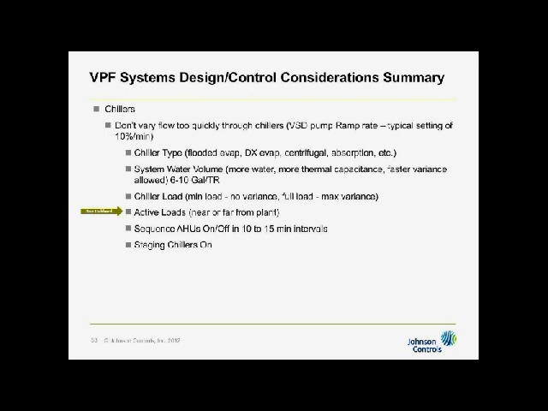So even though on average it might be 20%, when all the loads are active far away, you can actually go to 30. On the other hand, if the loads are active close to the plant, then it might drop to 10. So you see, the important thing to gather from this is that there is no one number for all conditions, and it varies all the way from 5 to 30%.